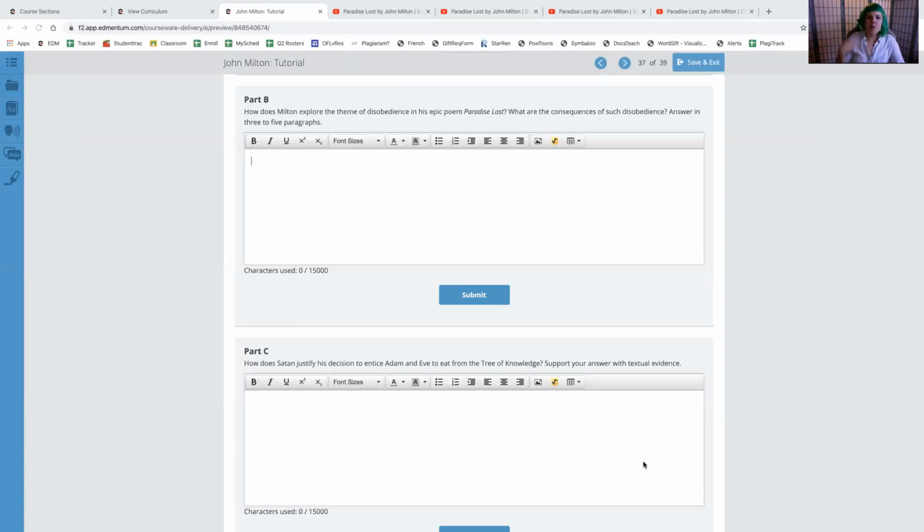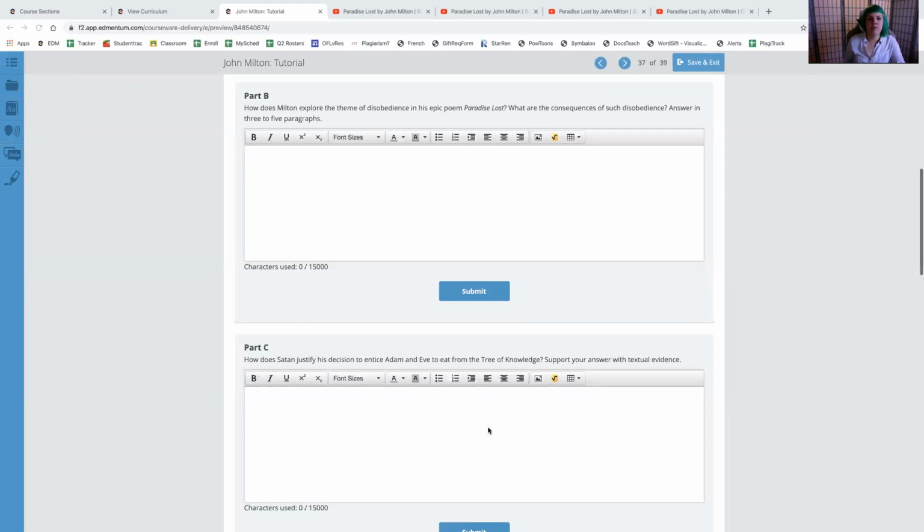Eve's independence, the fact that she goes off on her own and chooses to listen to this disguised version of Satan rather than be obedient to God, is another example. Satan's whole story arc here is disobedience to God.